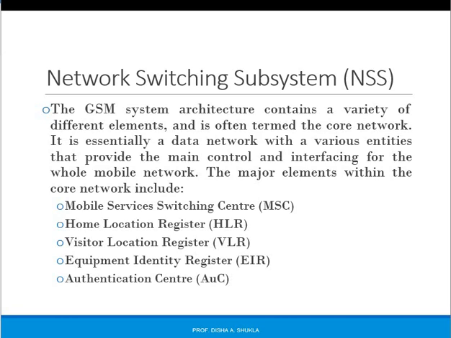The GMSC is thus in charge of obtaining the MSRN, that is the mobile station roaming number, from the HLR based on the MSISDN number, that is the mobile station ISDN number, and routing the call to the correct visited MSC. The MSC part of the term GMSC is misleading since the gateway operation does not require any linking to any MSC.